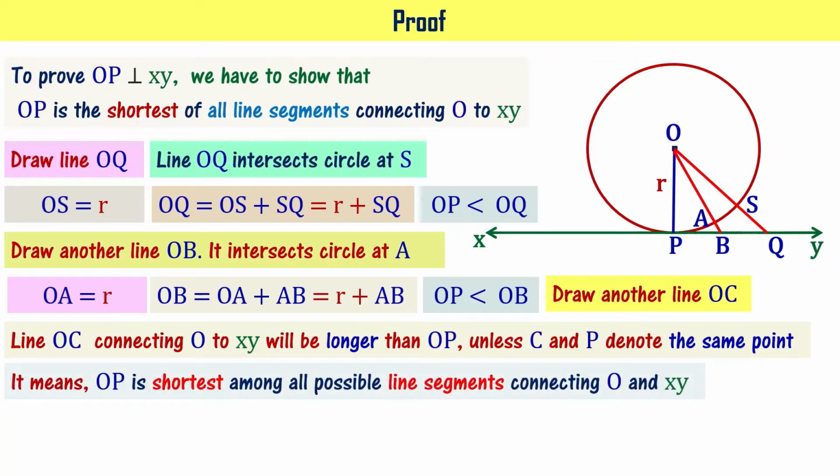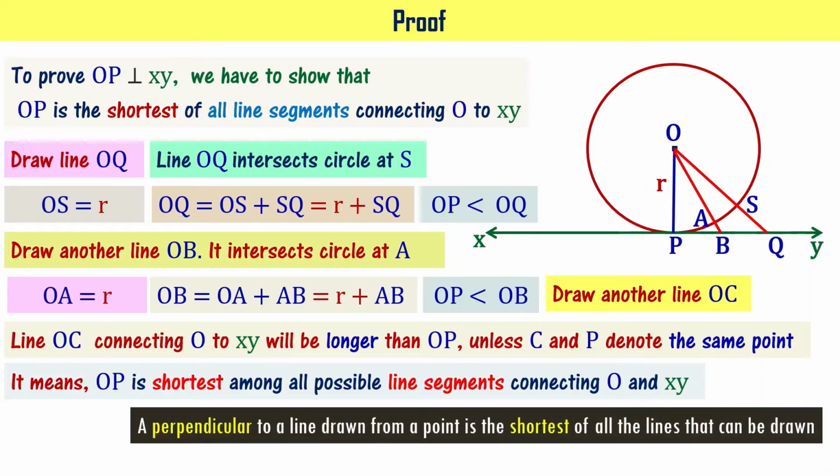It means OP is the shortest among all possible line segments connecting O and XY, right? And we said that a perpendicular to a line drawn from a point is the shortest of all the lines that can be drawn, right? If you agree with this statement, OP is going to be perpendicular to XY.